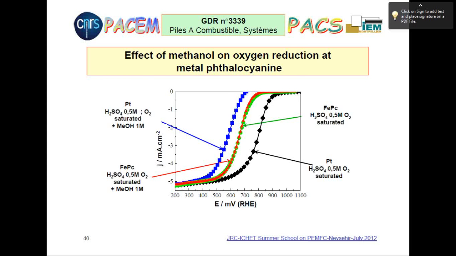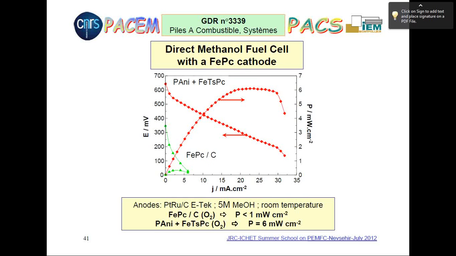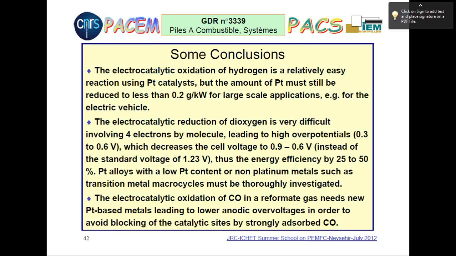And finally, with direct methanol fuel cells, some voltage versus current density and power density versus current density curves. It's not so bad with ferrocyanide dispersed in polyaniline, which is an electronic conductor, and at room temperature you can get 6 milliwatts per square centimeter, which is not so bad. Okay, that's some conclusion about that.